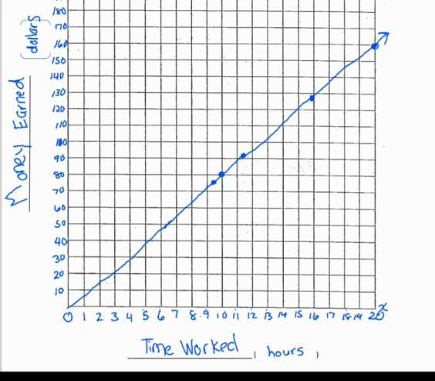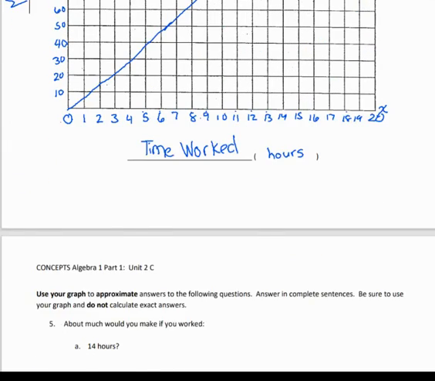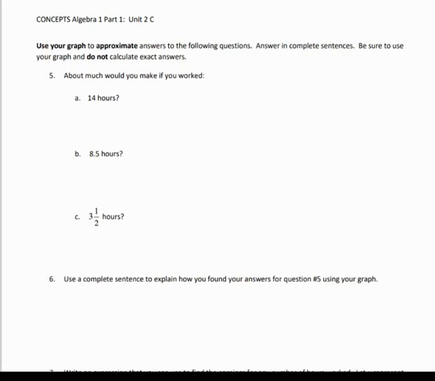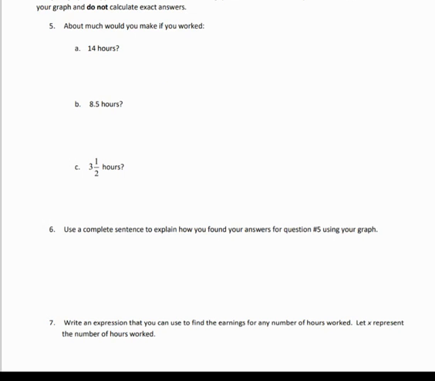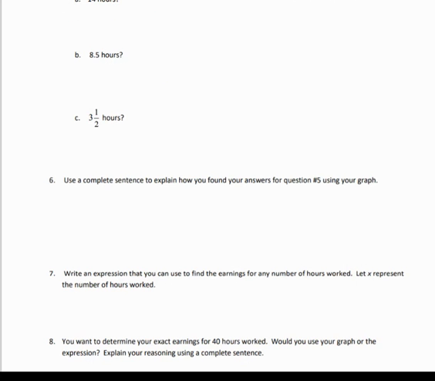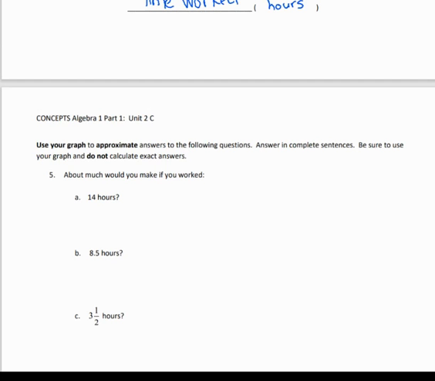Once you have that graph all set, we're going to continue on to the next part. And we're going to do 5A together. 5A says, use your graph that we just made to answer the following questions. Answer in complete sentences, and be sure to use your graph.